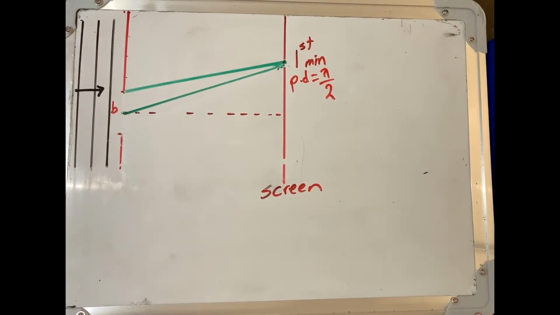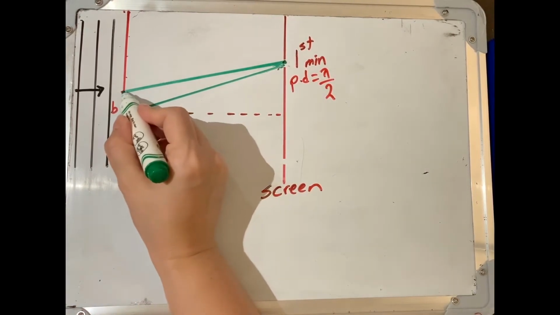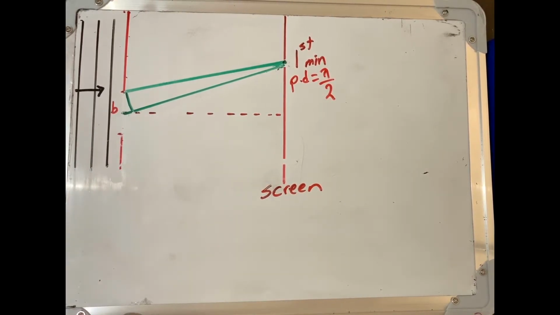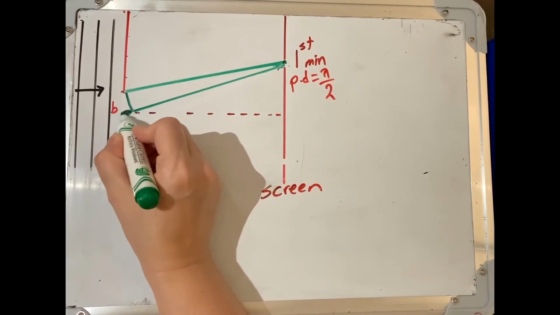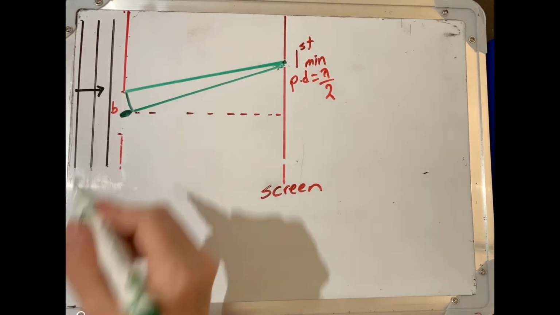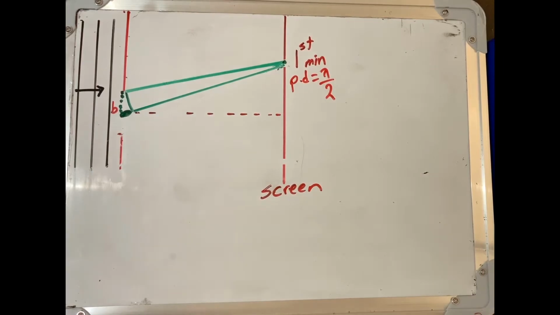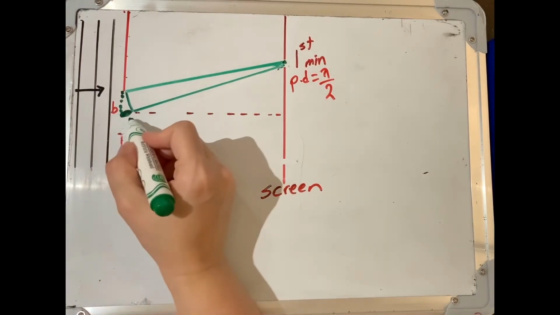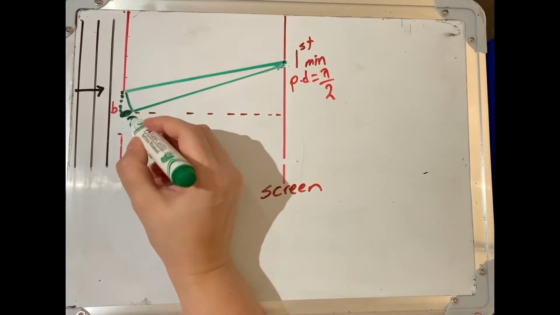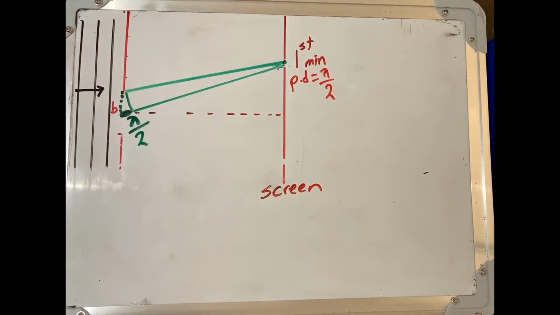Just like we did in the two-source interference lesson, I'm going to draw a perpendicular line from one to the other. See that that's the path difference. That's half of b, and this path difference should be equal to lambda over 2 because we're looking at the first minimum.